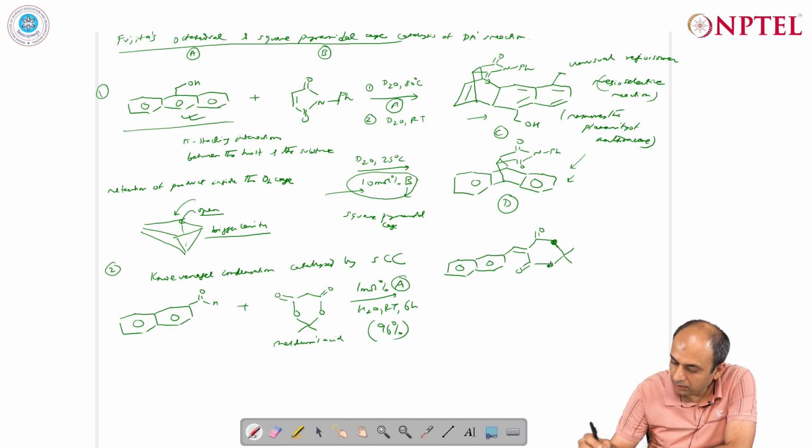And when this supramolecular catalyst was not utilized, the reaction barrel, the cavity, was not utilized, then the yield was less than 10% in the absence of catalyst.